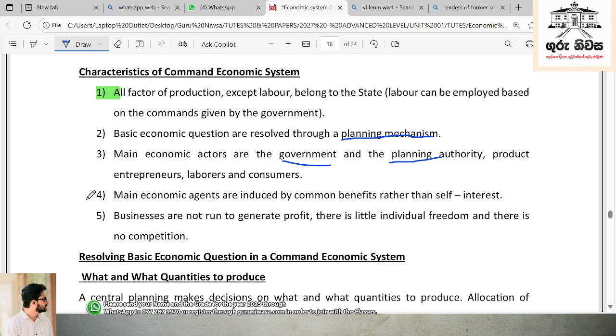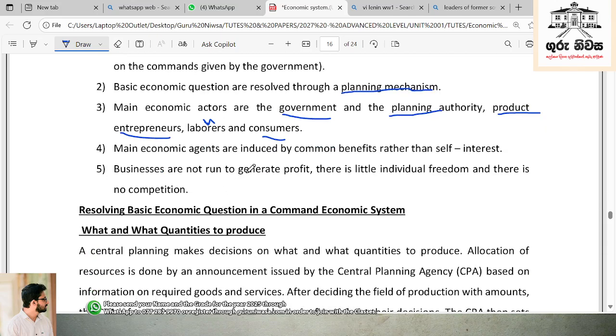The government has a huge role, and the planning authority too. Remember, these entrepreneurs are also government. Then labor, you, and consumers.